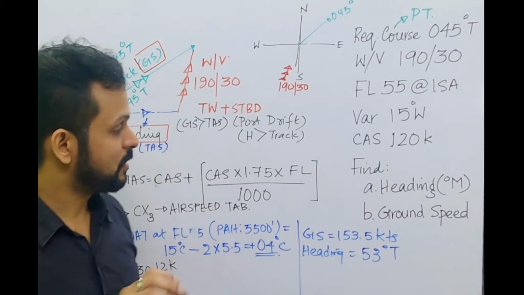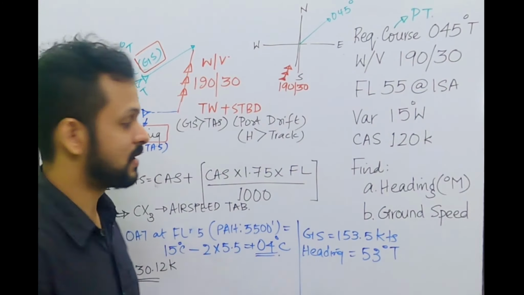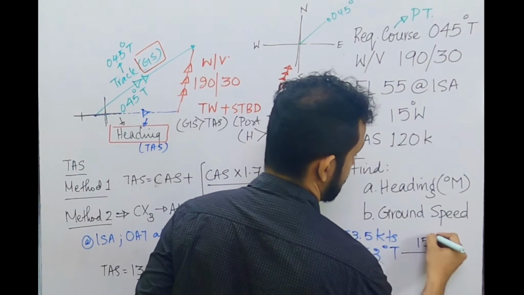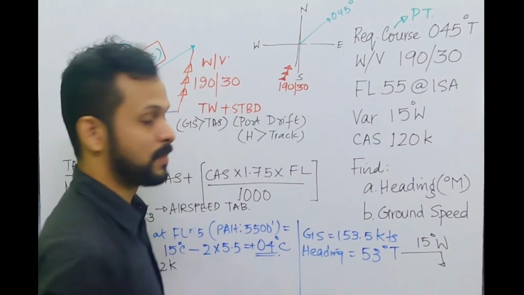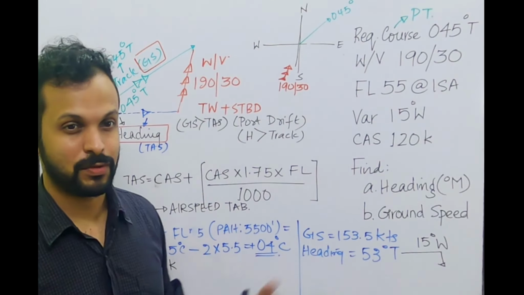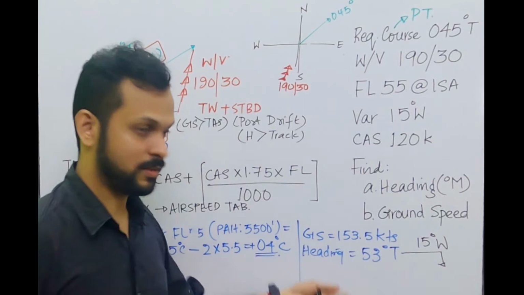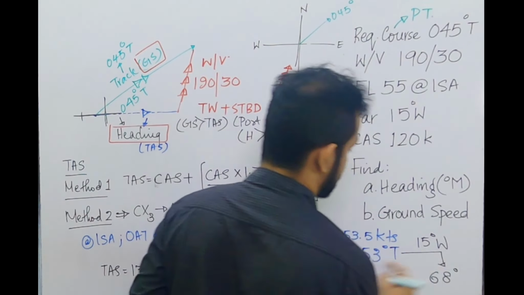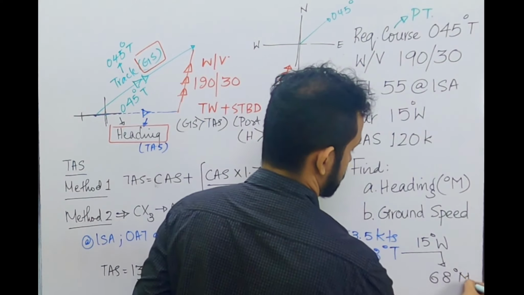Now, how do you apply variation? The variation given in the question is 15 degrees west. So it's 15 degrees west variation, and the very famous mnemonic is: when the variation is west, magnetic is best, which means you have to add it. So how much do you get? 68 degrees magnetic, right?